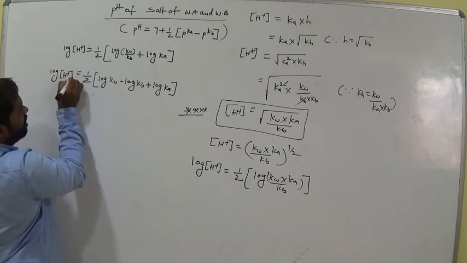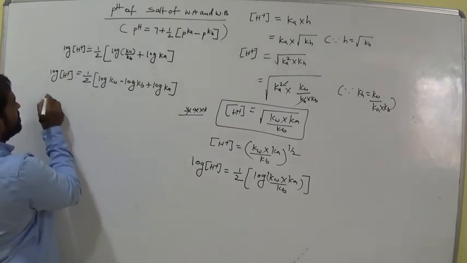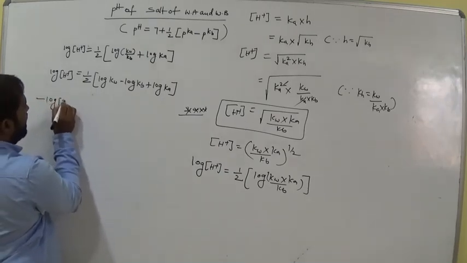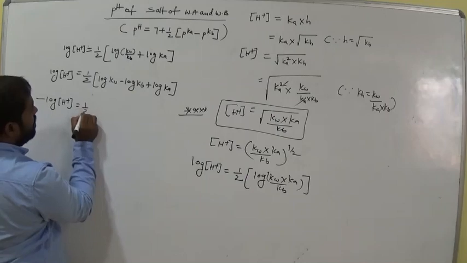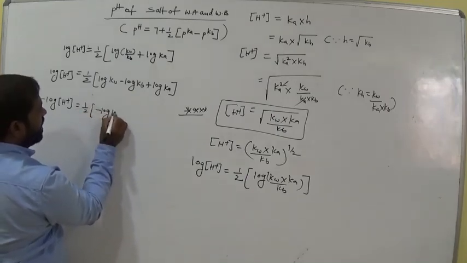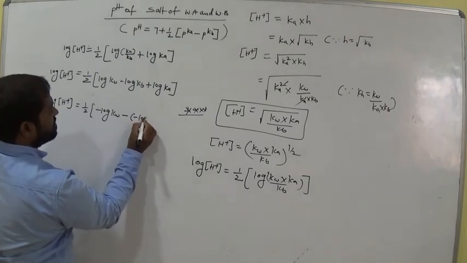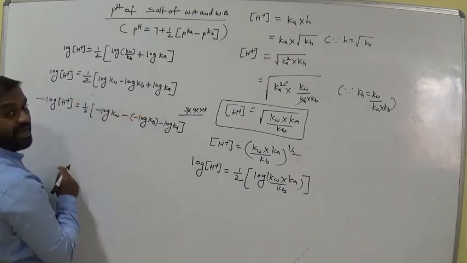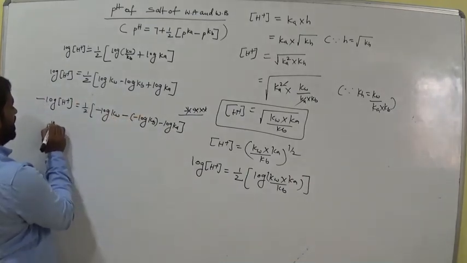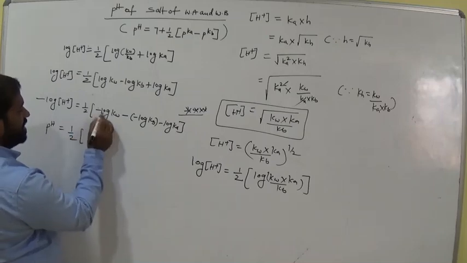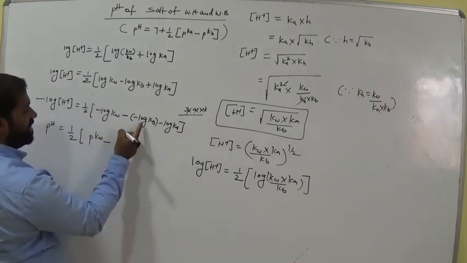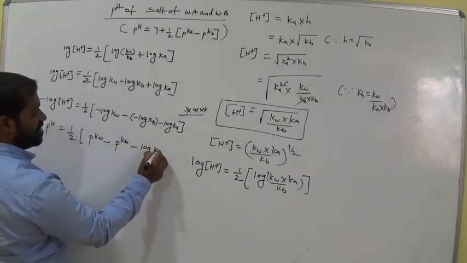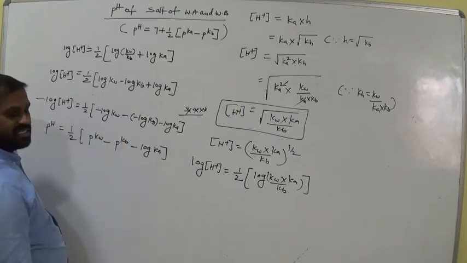Now multiply with minus on both sides: minus log H plus equals half of minus log Kw minus minus log Kb minus log Ka. Now this is taken as pH, which is half of pKw minus pKb minus log Ka. Is it clear, all of you?